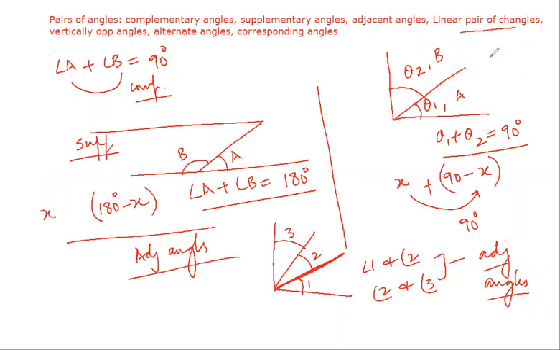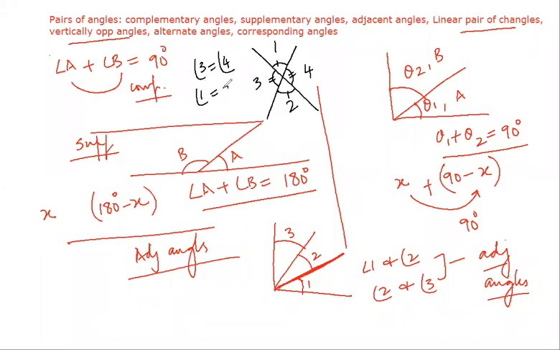Then comes linear pair of angles. Students, before that we can do vertically opposite angles. Very simple, students. If you draw two line segments, we have two pairs of equal angles: angles 1 and 2, and angles 3 and 4.